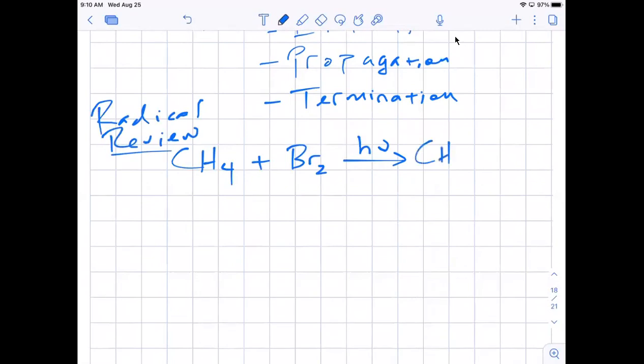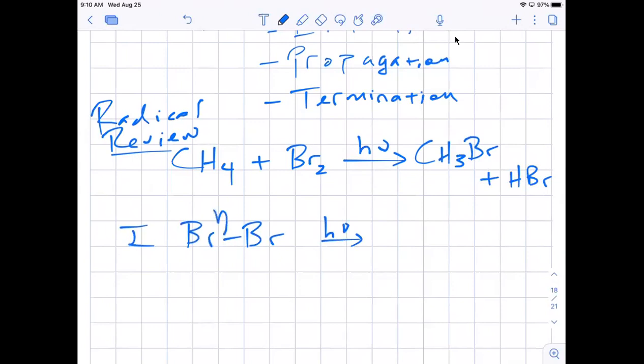You get CH3Br plus HBr as the product. The first step will be the initiation step, where bromine is homolytically cleaved by light. You break the bromine-bromine bond, and then you get two bromine radicals.